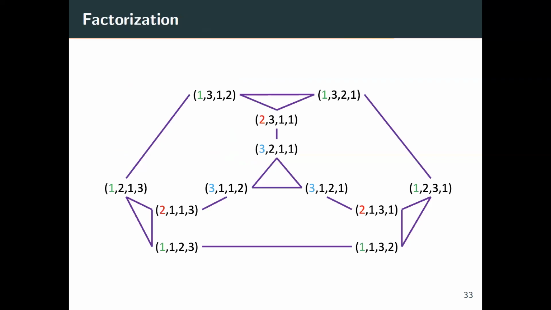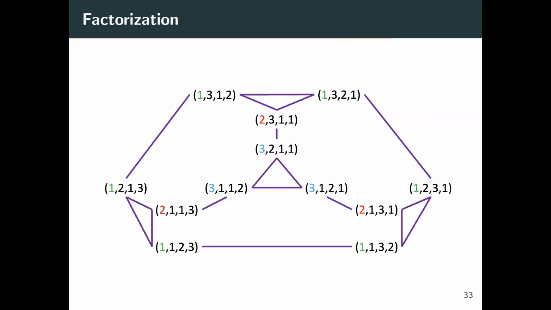For example, when we're talking about factorization, we mean that we can obtain the Prüfer sequence graph by looking into subgraphs that have a certain property. For example, if we fix in the first entry of the sequence the number one, we will obtain all the sequences with number one in the first entry.